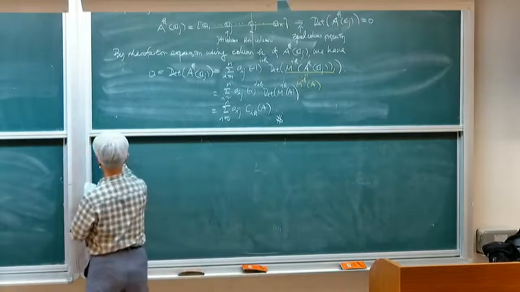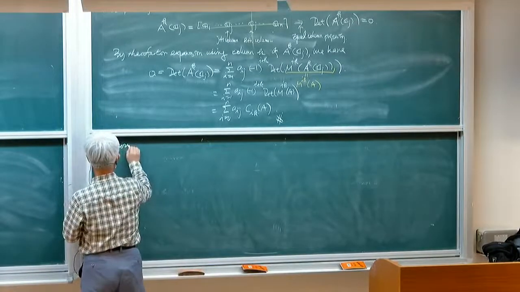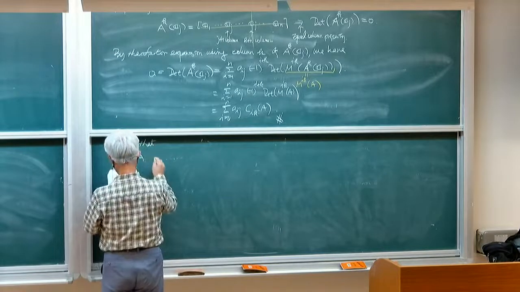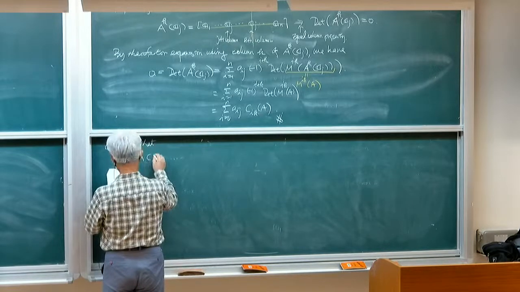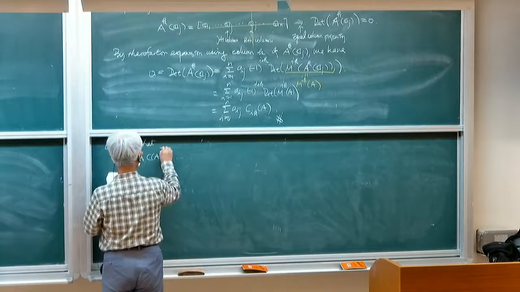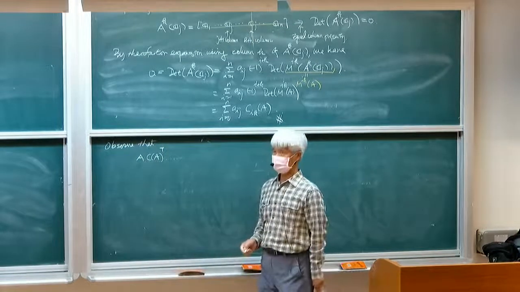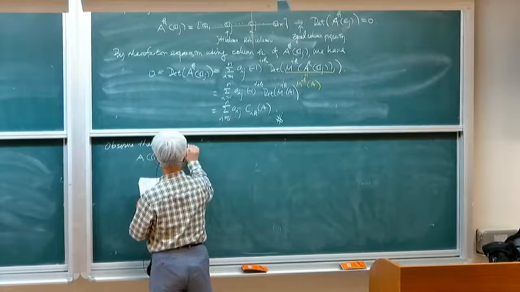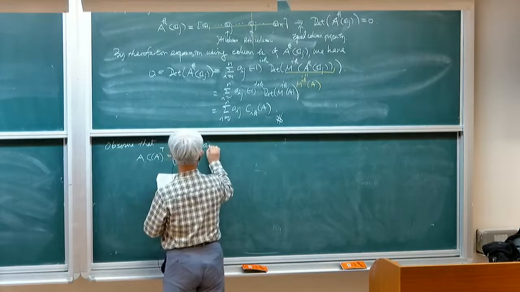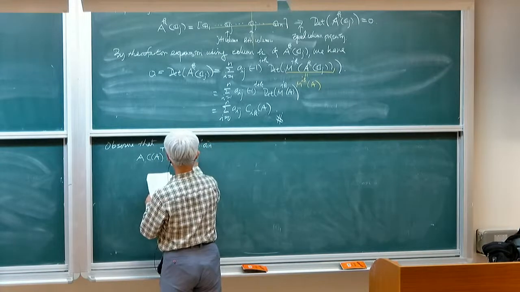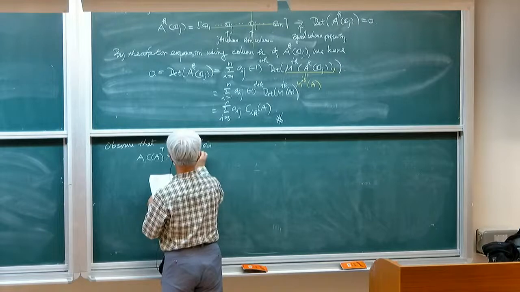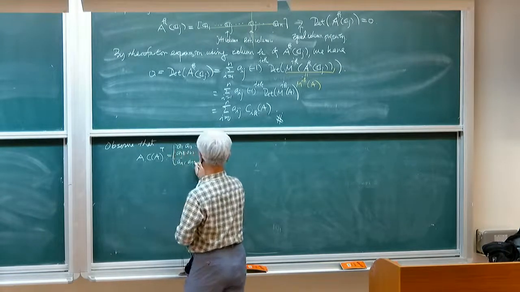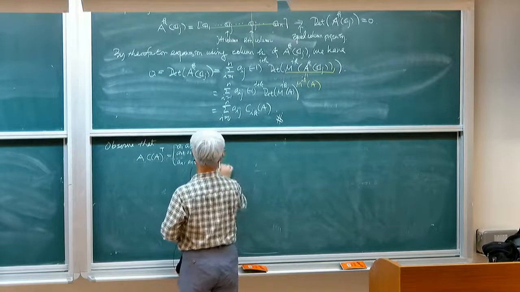So we observe, we multiply A with the transpose of the cofactor matrix. This is A11, A12 up to A1n, A21, A22, A2n up to An1, An2, Ann.